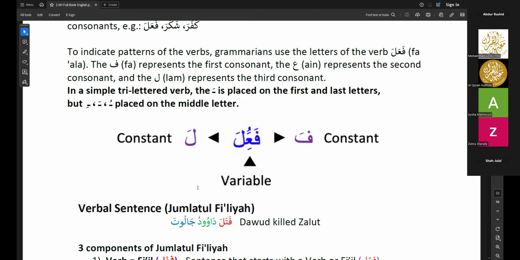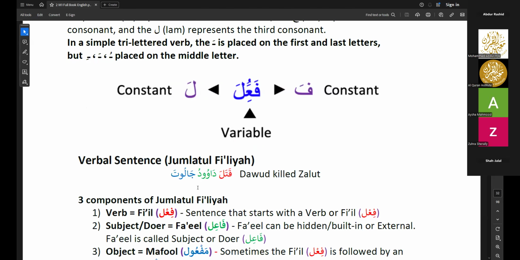So verbal sentence in Arabic we call jumlatul fi'liya. How do we recognize them? The jumlatul fi'liya should start with the word fail. So the indication for jumlatul fi'liya is the first word of the sentence should be fail.